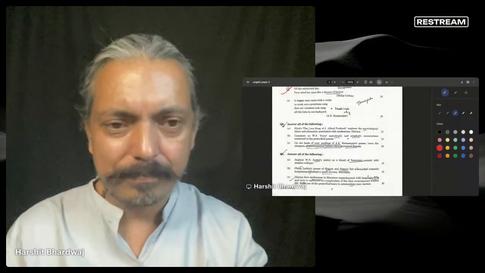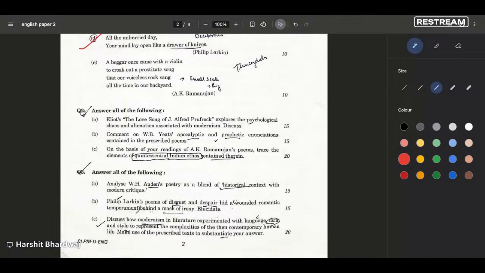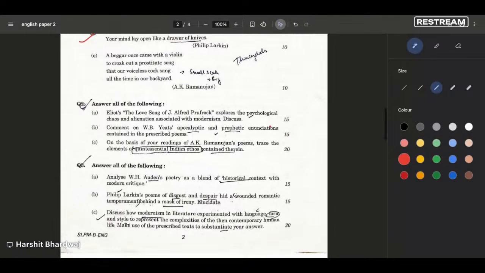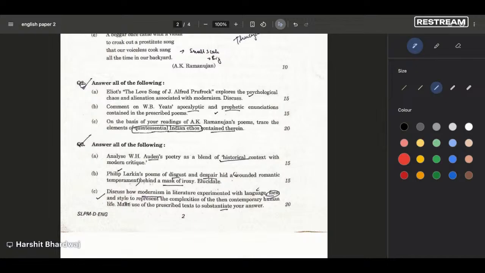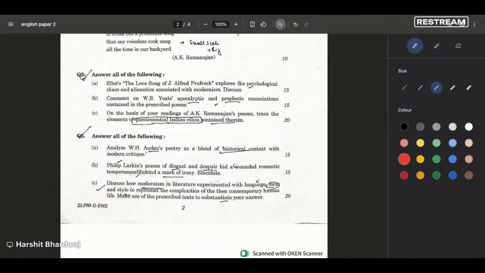Okay, so let's go back to the paper again. Now we're getting into longer questions, 15, 15, 20, and we'll go through the entire paper. This is the poetry section. So the very first question is: Eliot's Love Song of Alfred Prufrock explores the psychological chaos and alienation associated with modernism, discuss.